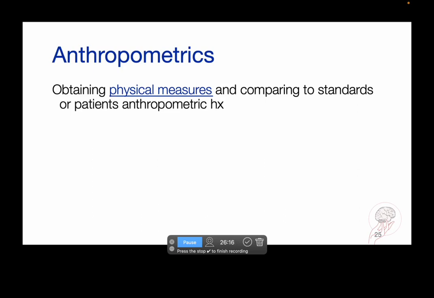So it could be a physical measurement of anything, arm length, foot length. Mostly what we're doing though are things like height and weight. And we need to compare those to standards, or we need to compare them to the patient's own anthropometric history.